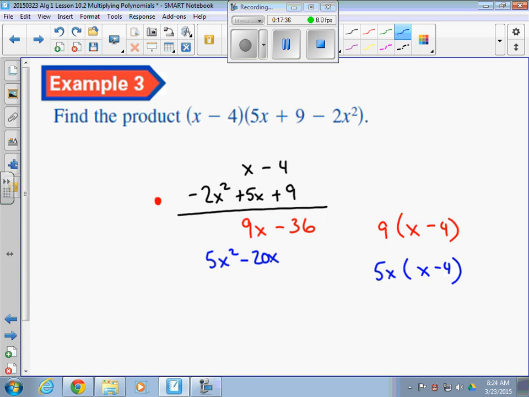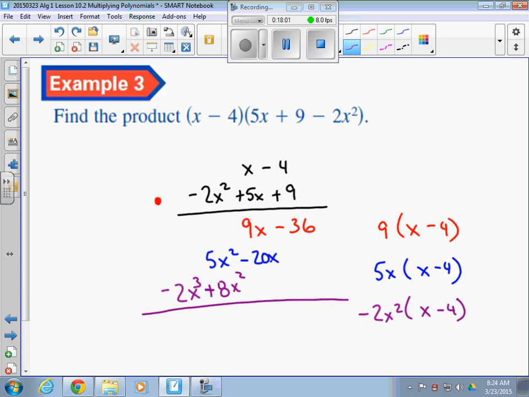And then make sure to multiply negative 2x squared times the binomial x minus 4. Negative 2x squared times x is going to be negative 2x to the third power. Negative 2x squared times negative 4: a negative times a negative will be a positive 8x squared.